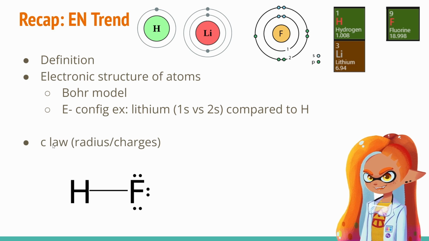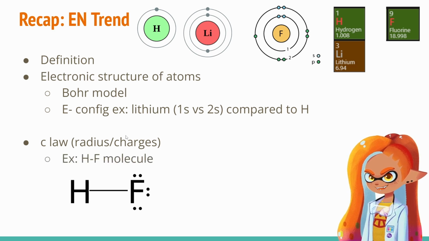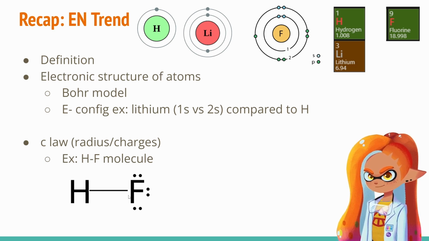We can use Coulomb's law to talk about radius and charges in a molecule. So for example, we have the HF molecule here. We can talk about the shared electrons in this covalent bond, and whether it's polar or not. We'll talk more on how to determine polarity in a second. But let me just tell you that from the electronegativity trend, remember that F is the strongest because the trend increases from left to right and from down to up.